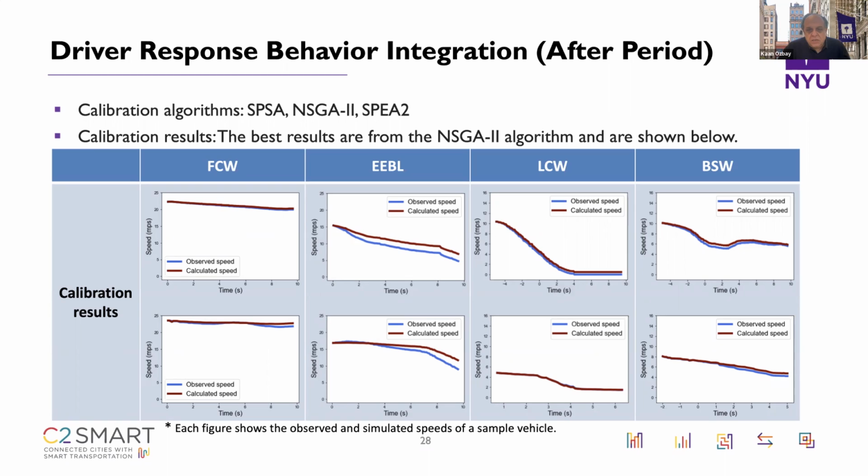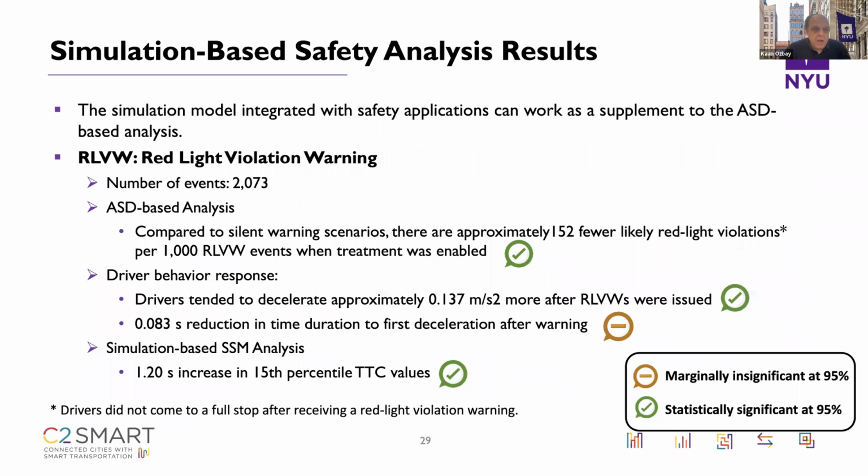The NSGA2 algorithm, the genetic algorithm, gave the best solutions, the closest match in terms of vehicle trajectories generated from the calibrated simulation plus the observed numbers. Then we took all of that and tried to understand if the warnings generated by the apps made a difference. So this one shows you the simulation-based analysis results.